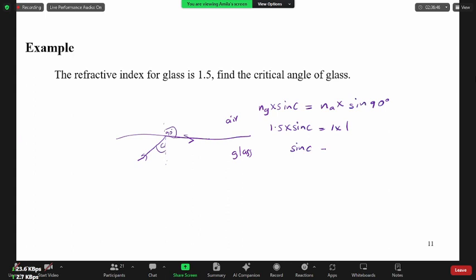So sin C equals 1 over 1.5, which is 0.6667. So C, the critical angle, is sine inverse 0.6667. Once you calculate, it is nearly 41.81. Right?